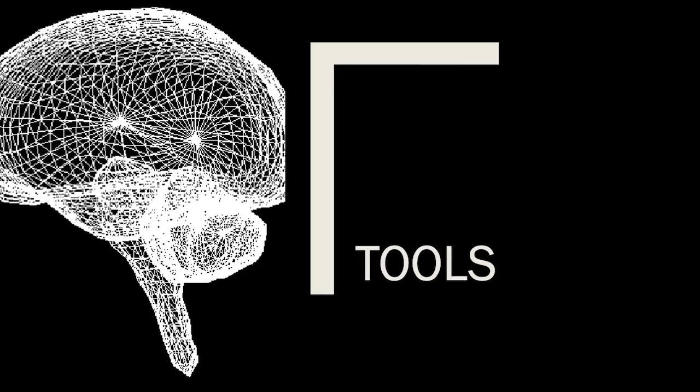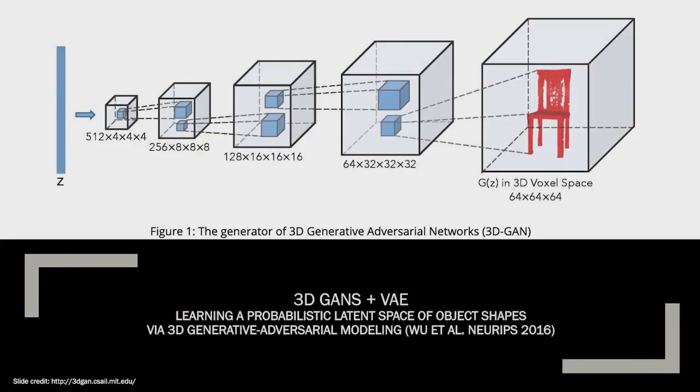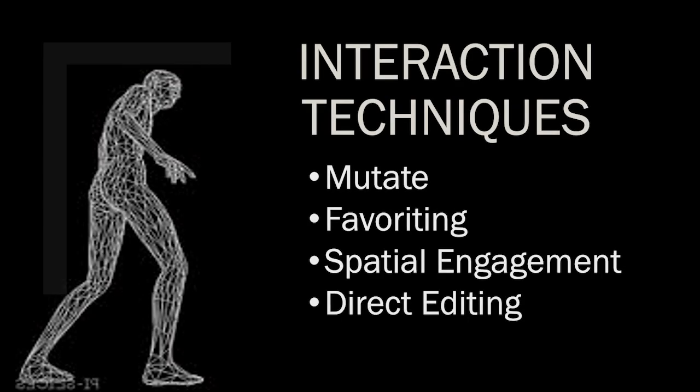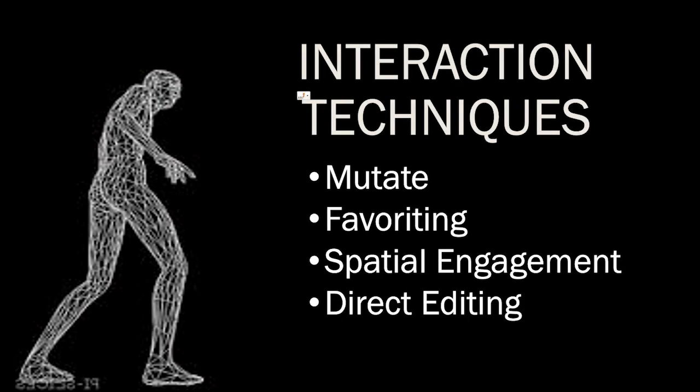The generative algorithm on which Calliope was developed is called a 3D generative adversarial network. Due to time constraints of this talk, we will not be going into details on this algorithm, but we encourage you to see more in our paper. To explore our design constraints discovered during our formative interviews, we developed several interaction techniques and system features, including mutation, which allows a user to morph 2 objects together, favoriting, which helps Calliope learn design solutions preferred by the user, spatial engagement, which encourages the user to perform parallel design ideation inside the virtual environment, and direct editing.